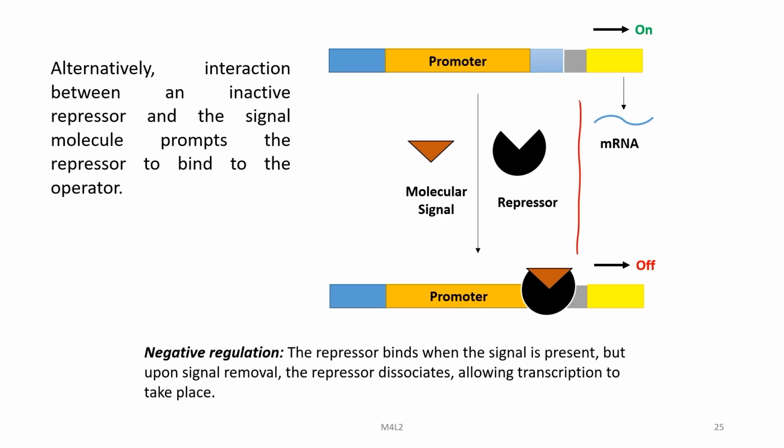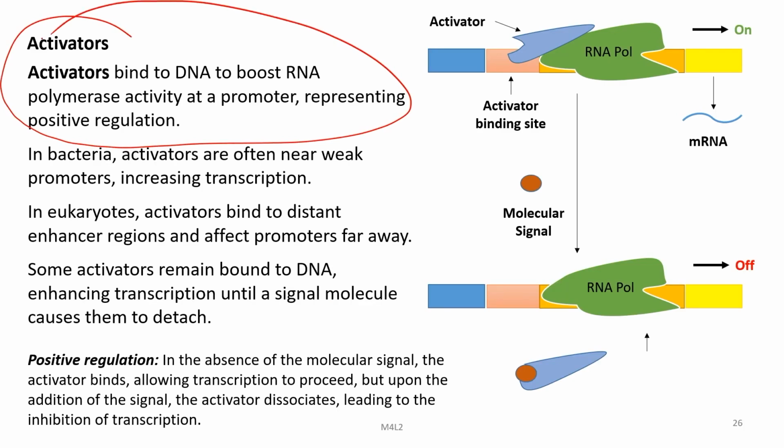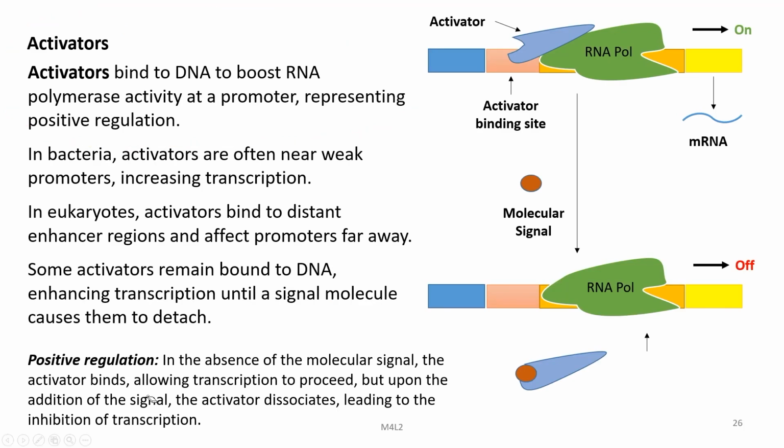So, this can also be shown in the reverse way to show the detachment of the signal molecule from the repressor. Then there are activators. These bind to DNA to boost RNA polymerase activity at a promoter, representing positive regulation.